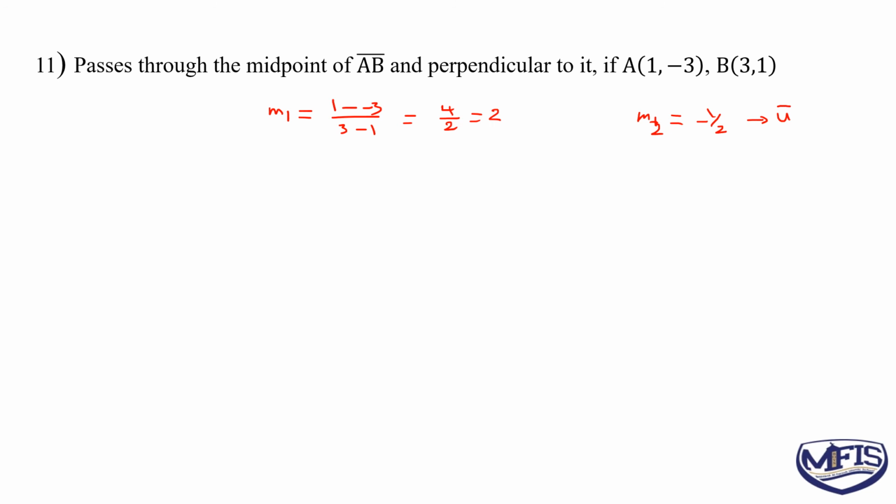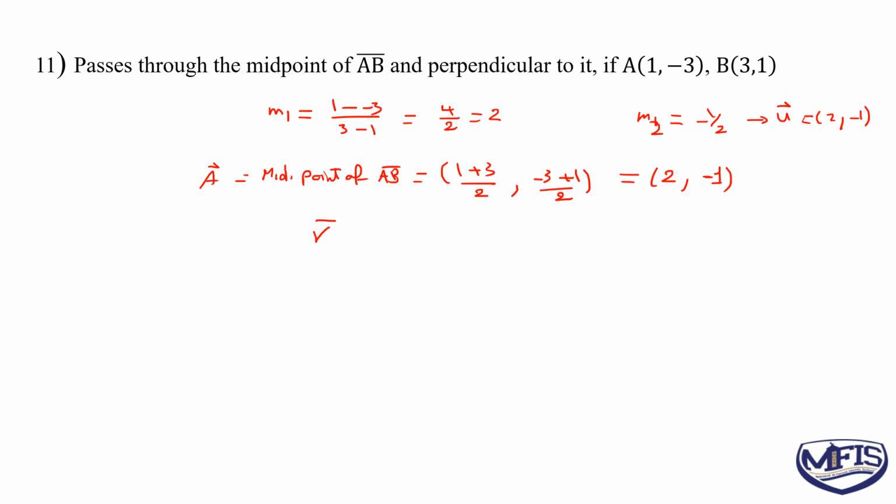So the direction vector will be (2, -1). And the midpoint of AB, which represents the vector A, will equal (1 plus 3) over 2 and (negative 3 plus 1) over 2. So 1 plus 3 will be 4 over 2, which is 2, and negative 2 over 2 will be negative 1.